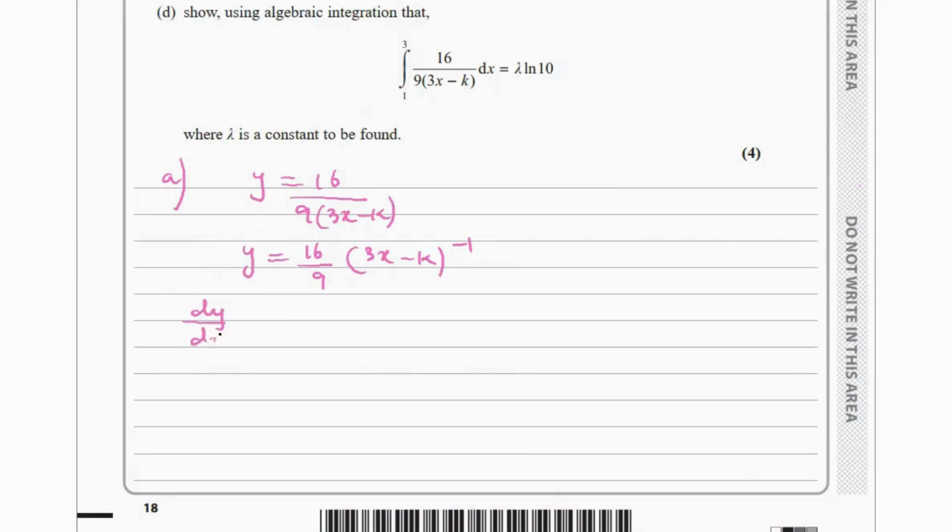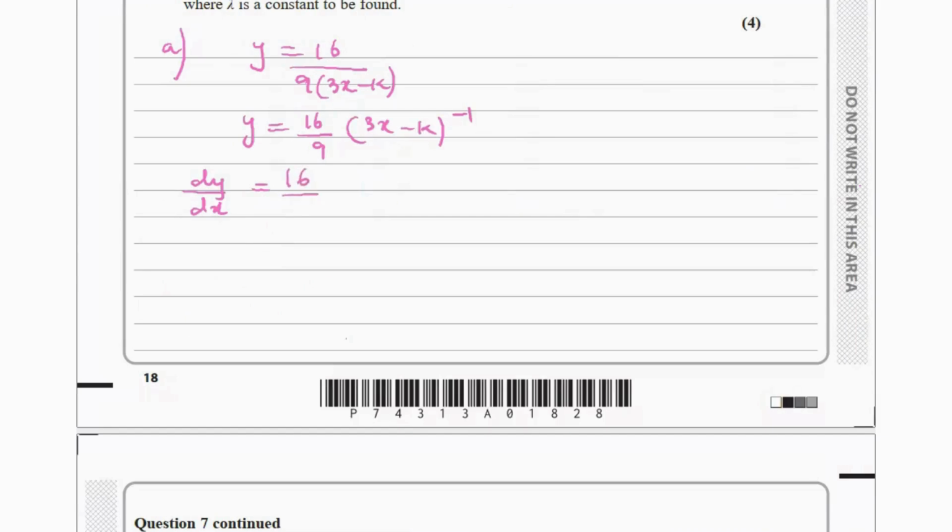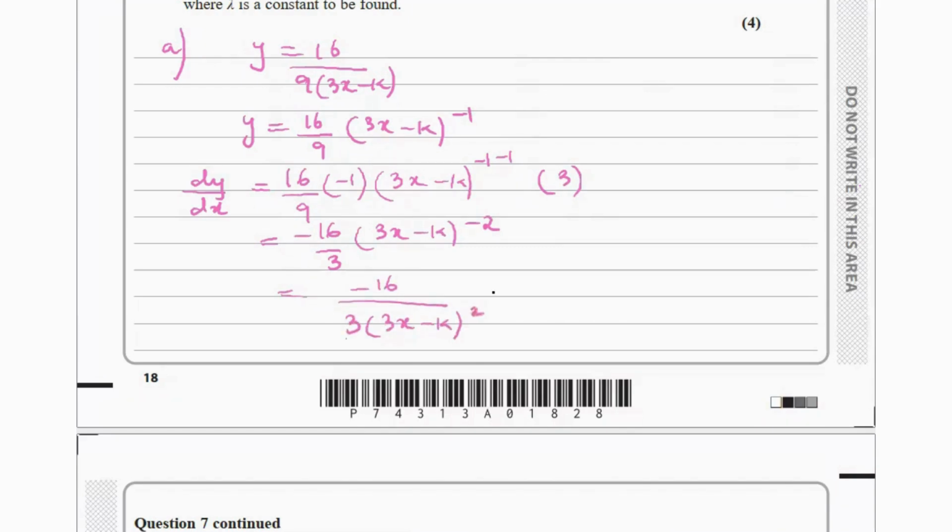So dy by dx is 16 over 9 times negative 1, you bring the power down, then 3x minus k to the power negative 2, and then the derivative of 3x, which is 3. So that's going to be negative 16 over 3 times 3x minus k whole power negative 2. You can rewrite this as negative 16 over 3 times 3x minus k whole square.